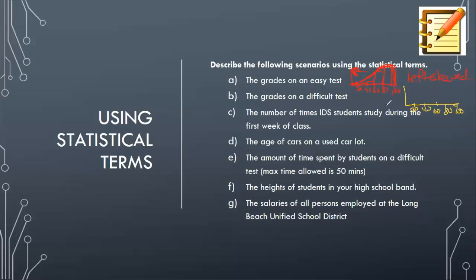So on the lower end, okay, so I may end up having stuff like here, maybe here, here, and then I would probably have a lot fewer scores over here. I'm not saying that I won't have any higher grades, but most of them might end up being over here. So in this situation, what kind of histogram do you think this is? Right skewed, yeah, very good.